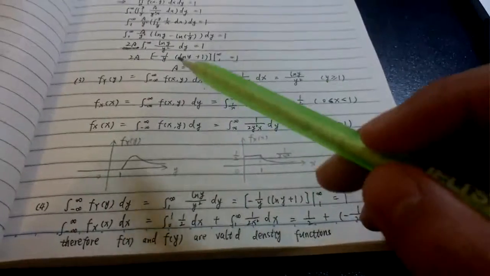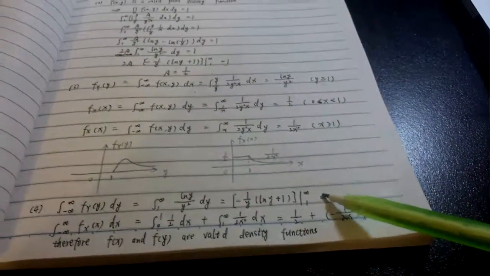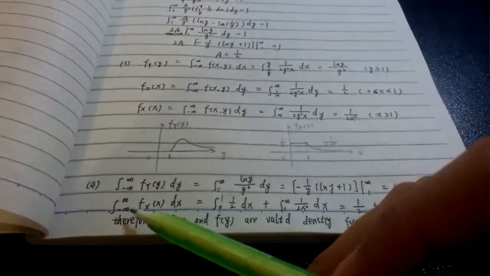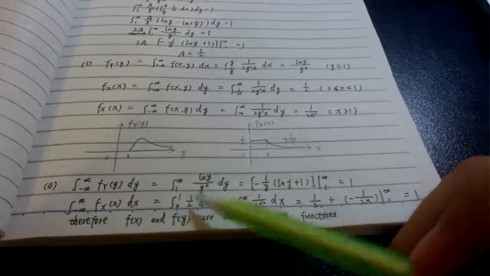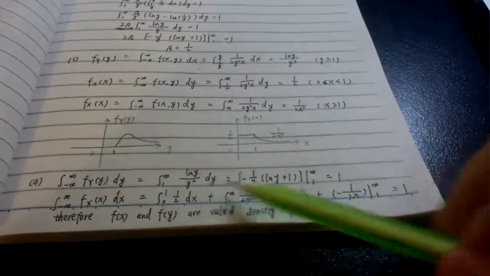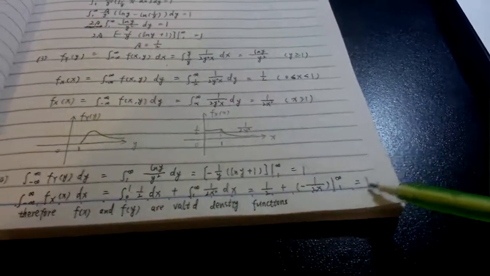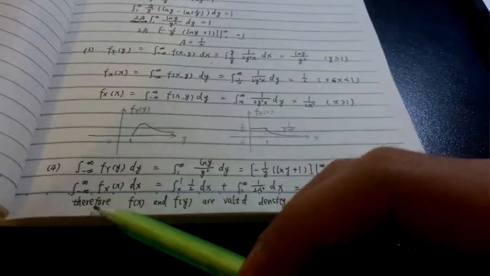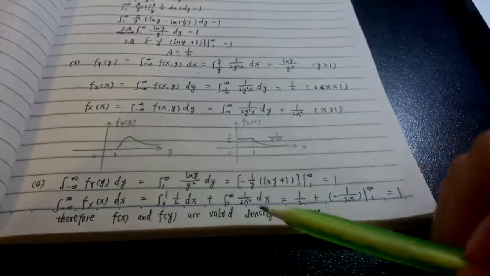It is calculated as before, so we conclude that it is equal to 1. The integral of f_X(x) is equal to these two parts plus these two parts, and it is equal to 1 also. Therefore we can conclude f_X and f_Y are valid density functions.